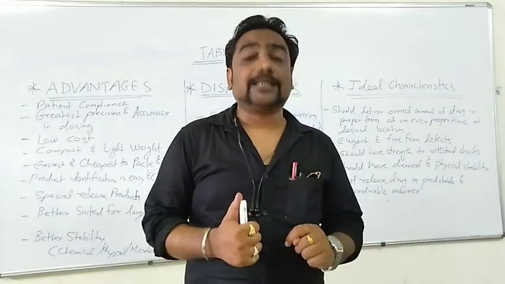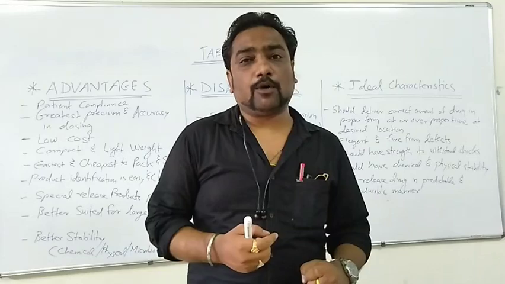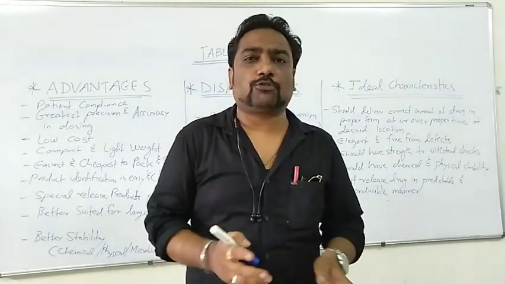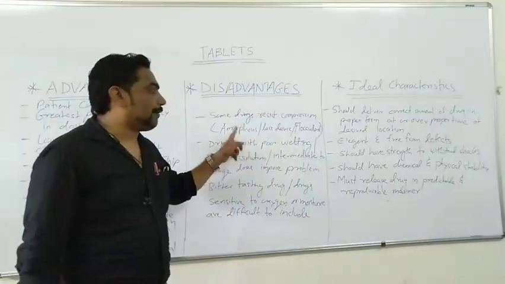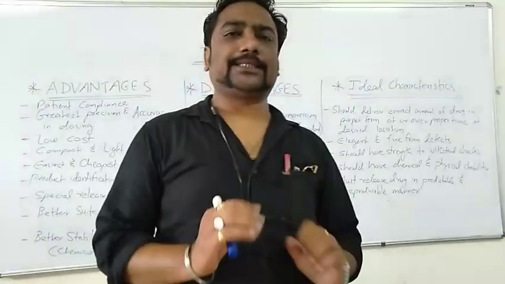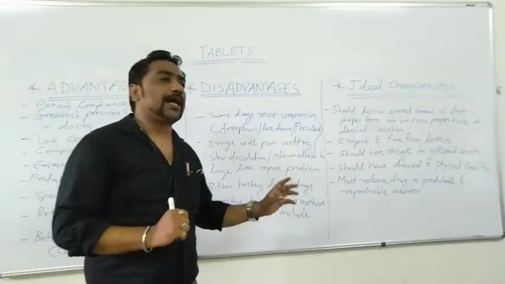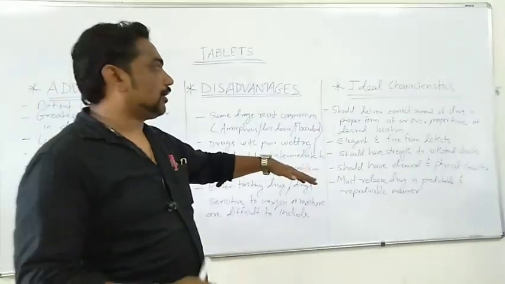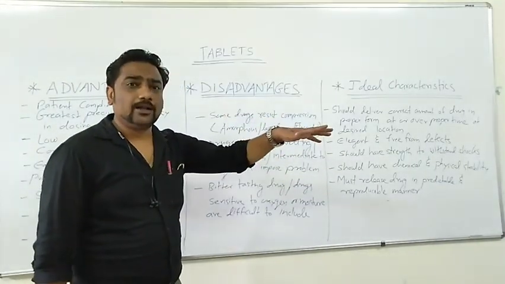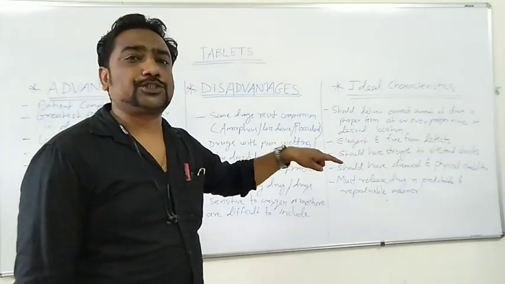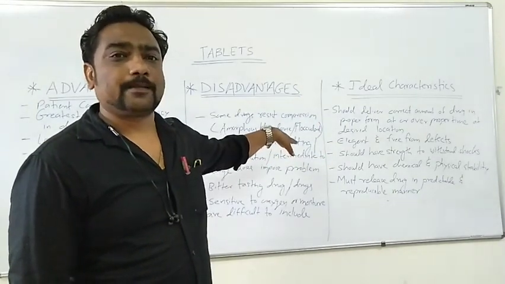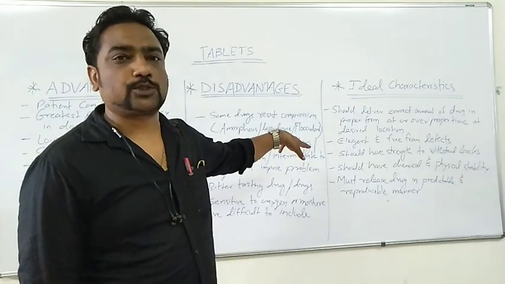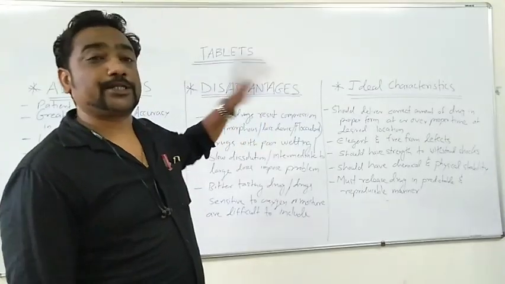The reason is some drugs are amorphous, some are flocculent, and some have other difficult characteristics. So drugs which are amorphous, less dense, and flocculent are difficult to compress. That is the disadvantage. You cannot compress tablets of drugs with low density, amorphous nature, and flocculent type using this compression technology.